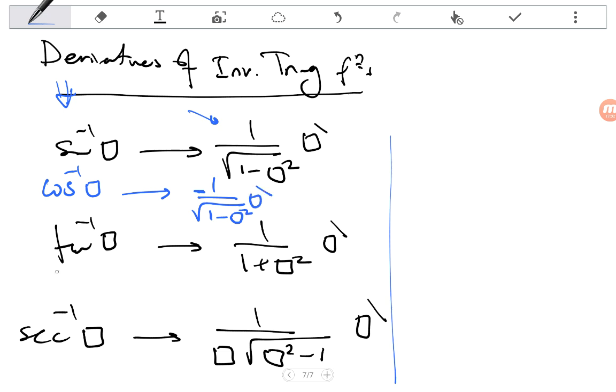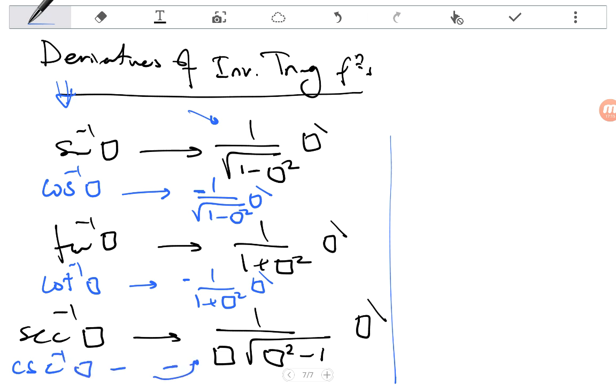What is the derivative of cotan inverse? It will be just minus 1 over 1 plus that squared. What is the derivative of cosec inverse? It will just be the negative of that expression.